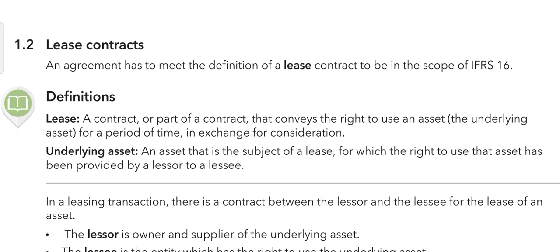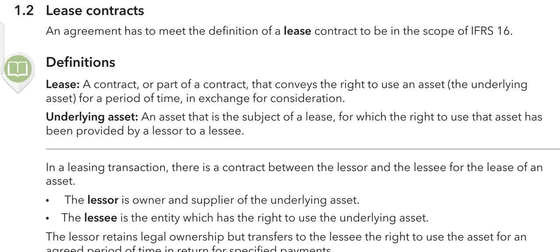IFRS 16 defines a lease as a contract, or part of a contract, that conveys the right to use an asset, the underlying asset, for a period of time in exchange for consideration.